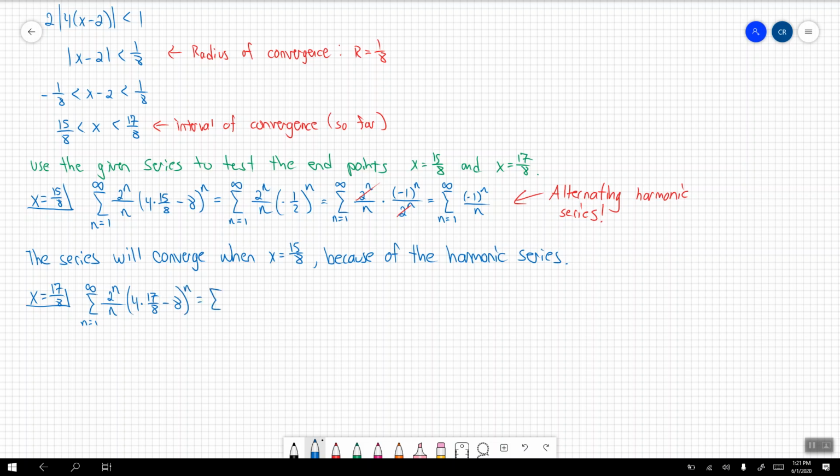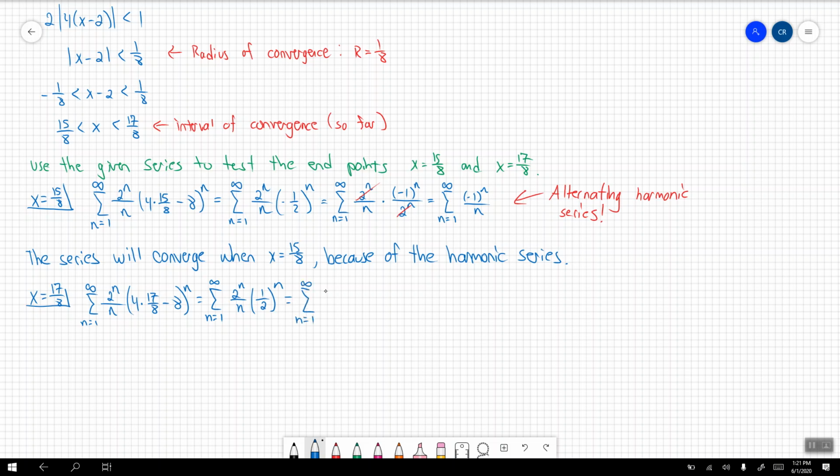Let's simplify this. This is still 2 to the power of n divided by n. And 4 times 17/8 is 17 divided by 2, subtract 8. That should be 1/2, so this will be 1/2 to the power of n.